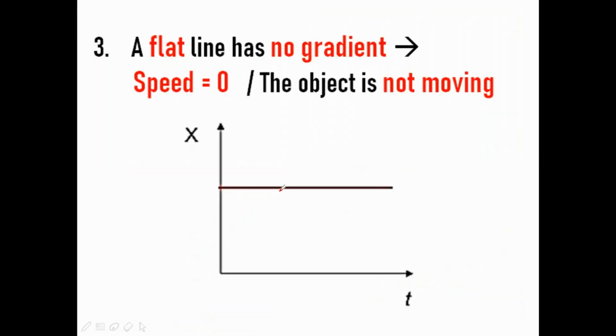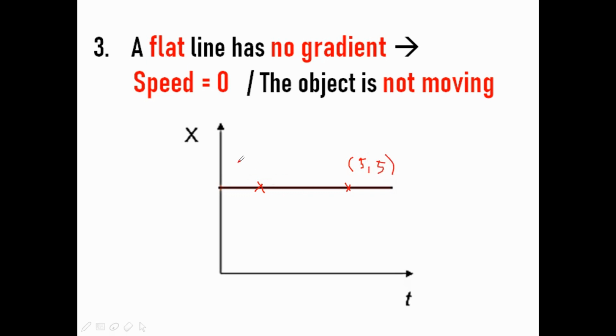Then how about a flat line? A flat line has no gradient. Therefore, speed equals to 0. Means that the object is not moving at all. So let's say to find the gradient of this graph, we must at least have 2 points. So the coordinate of this point, for example, is 5, 5.